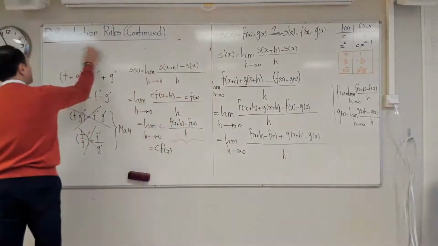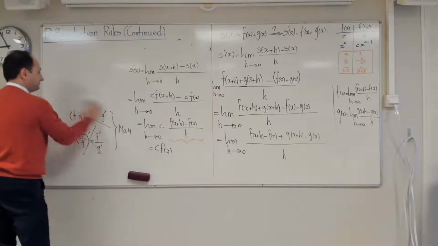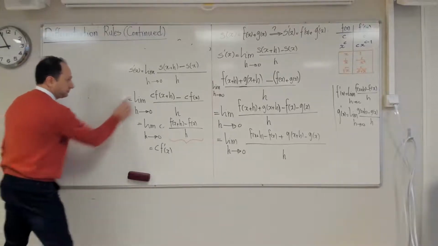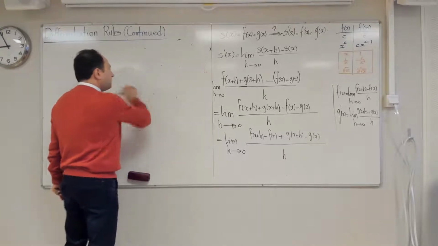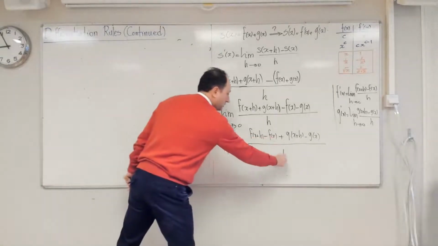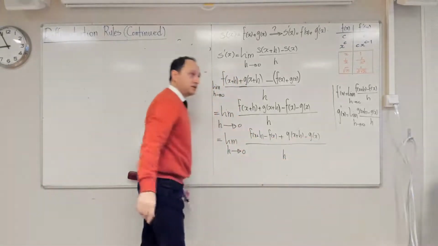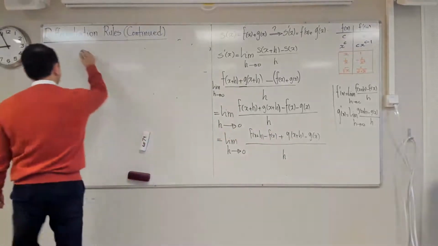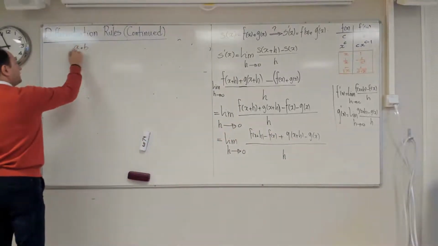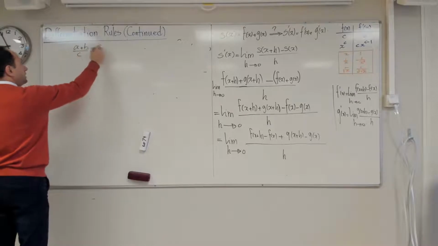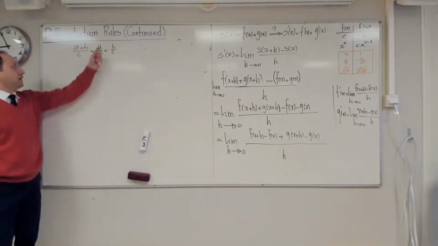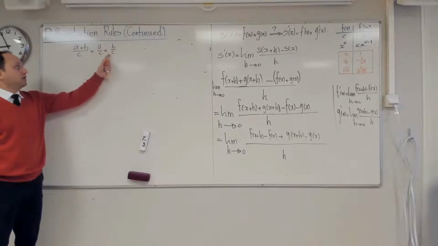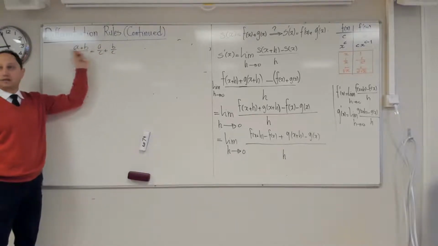Can you help me to do that? I would divide this one by h, this one by h individually. Because this is possible. If I have a plus b divided by c, do you agree I can write it a over c plus b over c? Because if I have this fraction plus this fraction, the common denominator is c, I just simply add them.